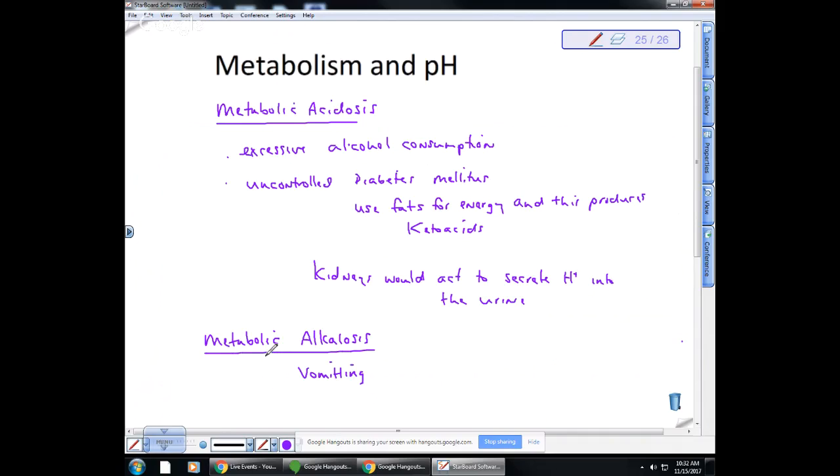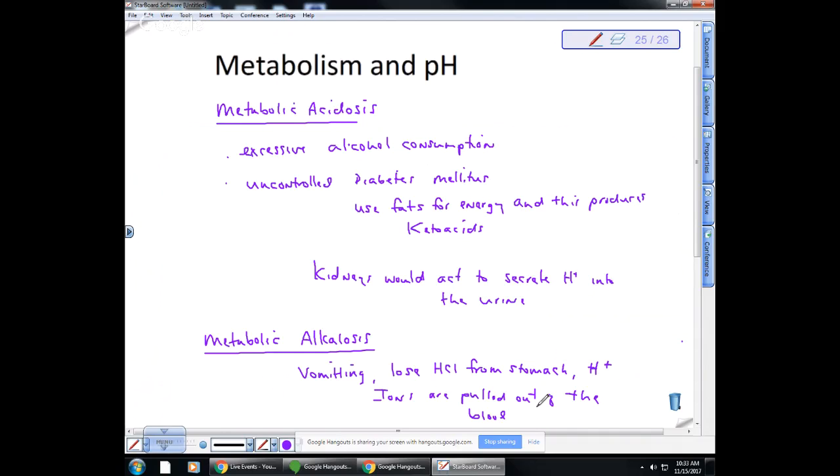One thing that happens with vomiting is that you lose hydrochloric acid from the stomach, and so hydrogen ions are pulled out of the blood. And so that's going to decrease the hydrogen ion concentration in the blood.